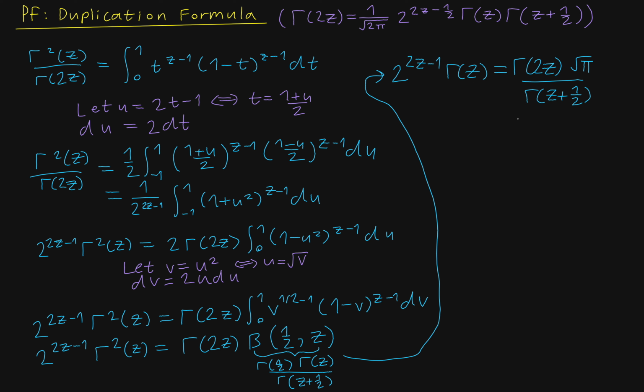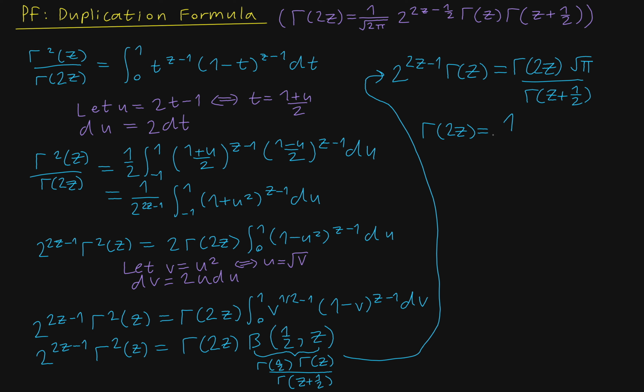And now we can rearrange so that we're going to get gamma of 2z is equal to, so the square root of pi goes on the bottom, this goes on the top. We're going to have, so we can rewrite 2 to the 2z minus 1 as 2 to the 2z minus 1/2 minus 1/2. So we're going to have a factor of root 2.